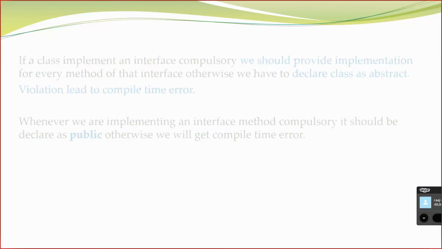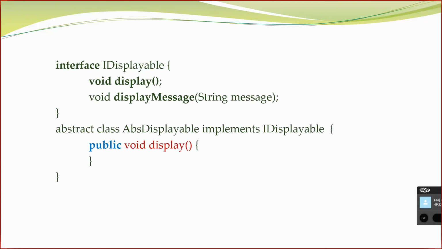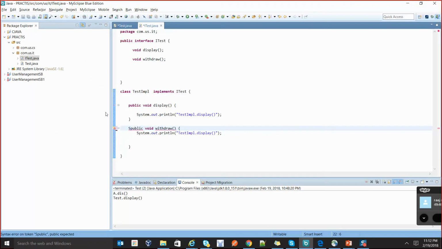In that case, will we get an error? No, we will not get an error. Why? Tell me. The first is an interface, but the second is an abstract class, right? An abstract class can have abstract methods also, so there is no need to declare it.